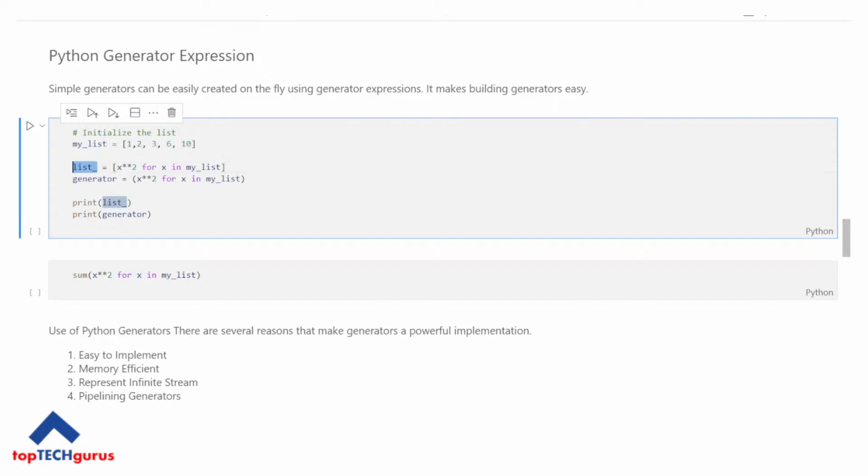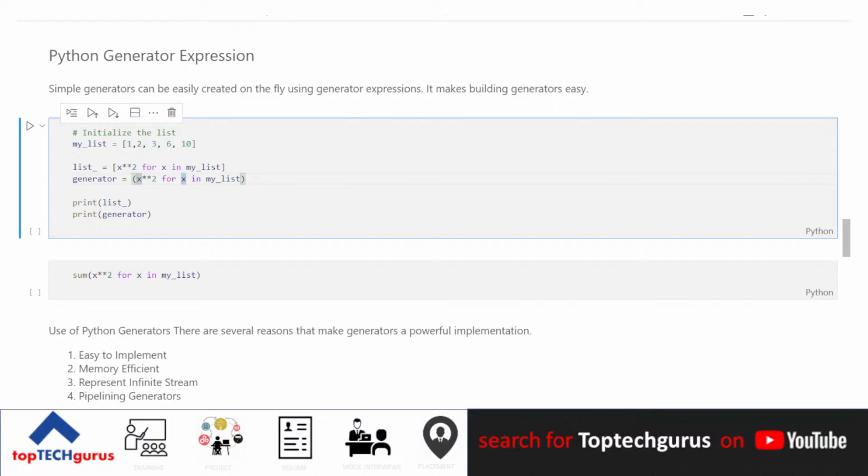So this list is going to store all those values. In a generator, the expression inside is exactly the same, but we use the normal brackets. That's how Python knows it's a generator expression, and then it iterates through that one by one.